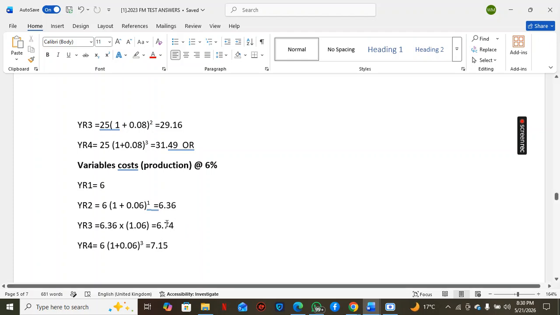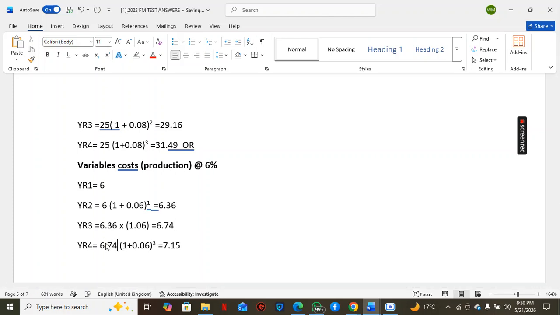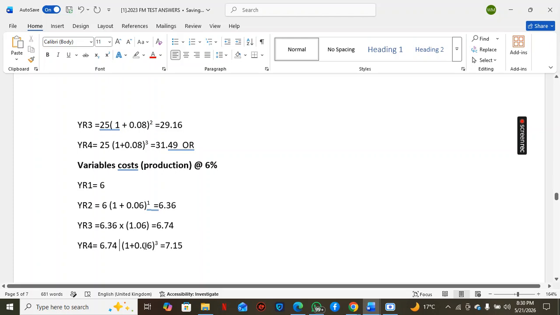This is the variable cost for year three. Year four, 6.74 increases by 6%.